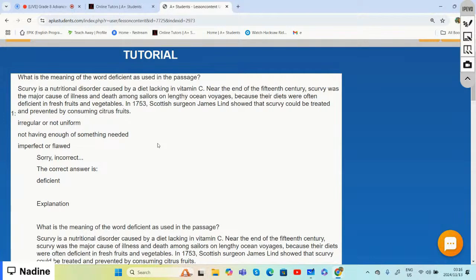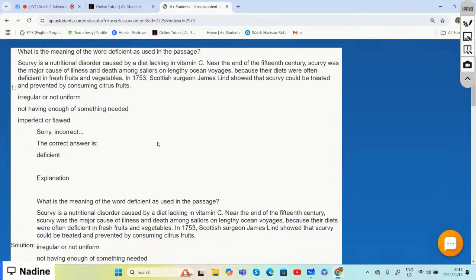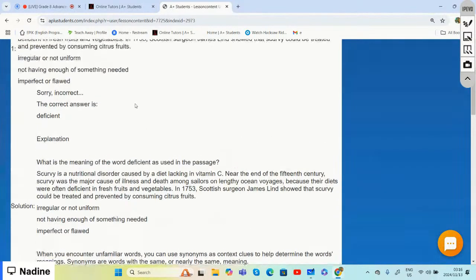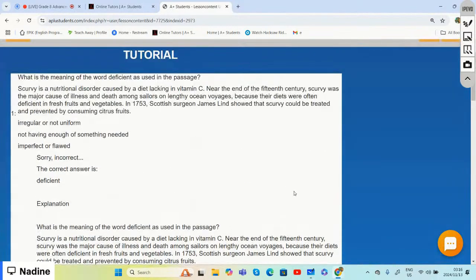So now we need to say what is the meaning of the word deficient as per our text.